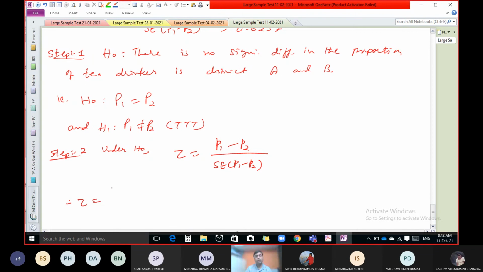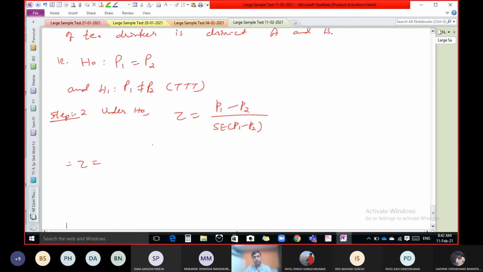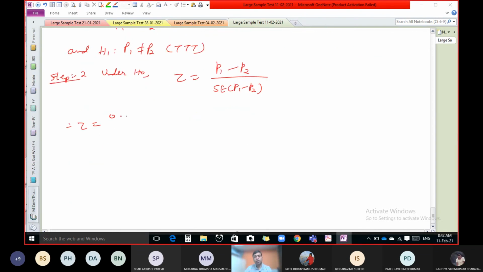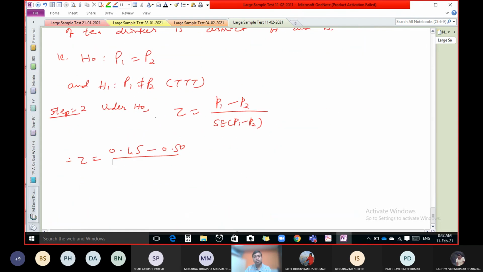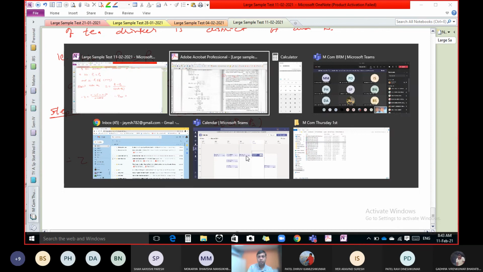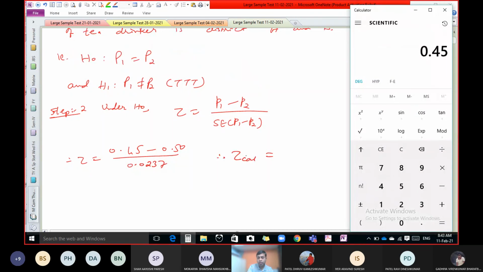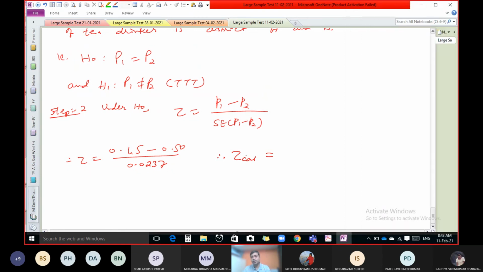Let us calculate. 0.45 minus 0.50 upon the value of the standard error, 0.0237. So 0.45 minus 0.5 divided by 0.0237, we get minus 2.11.